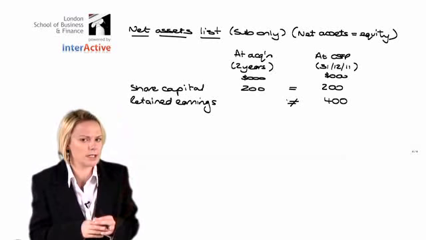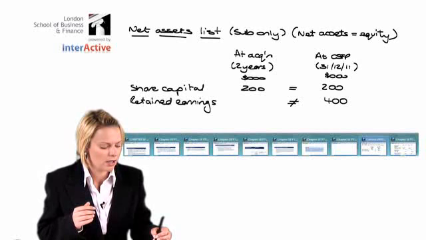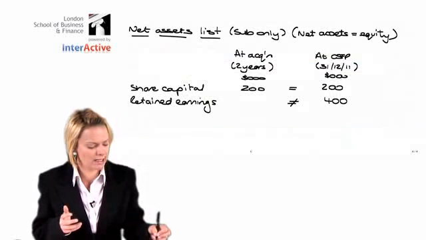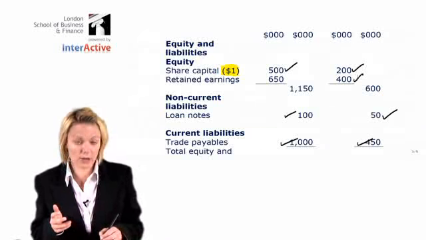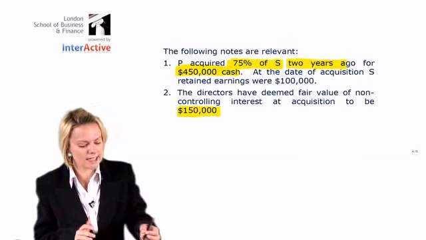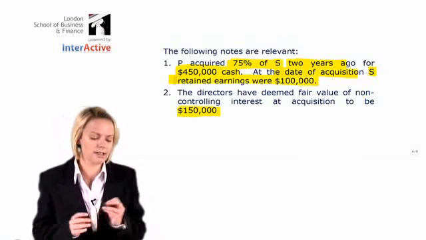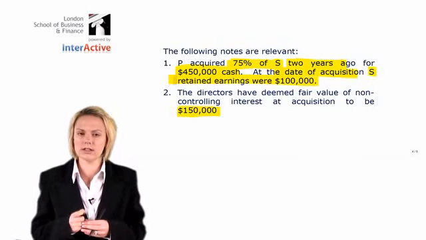We were told about the retained earnings of the subsidiary at acquisition in note 1 of the question. Can you see in note 1 it says, at the date of acquisition, S retained earnings were $100,000.